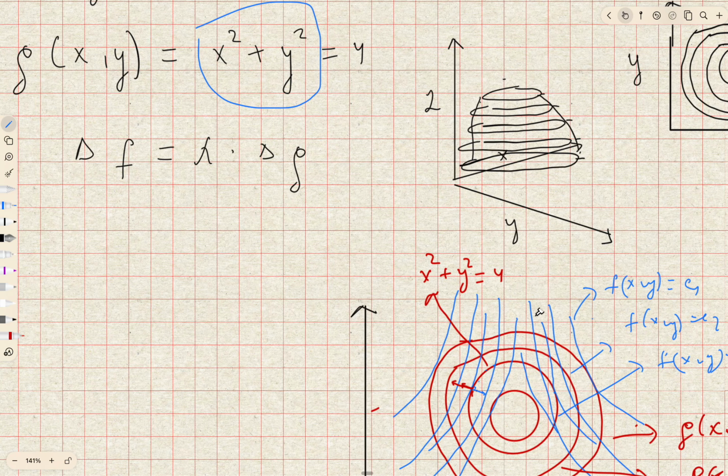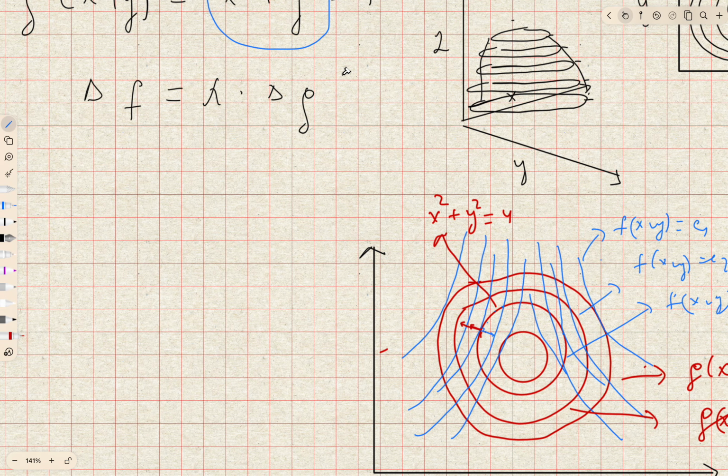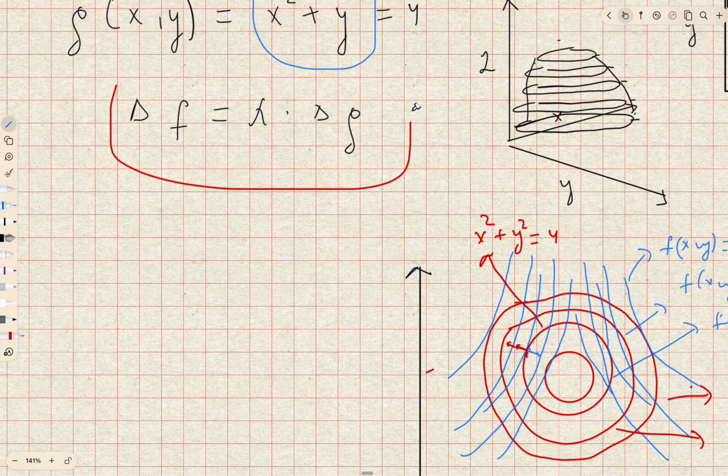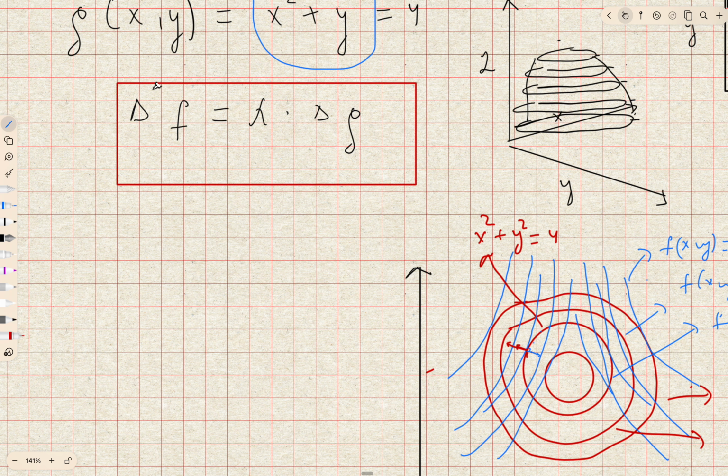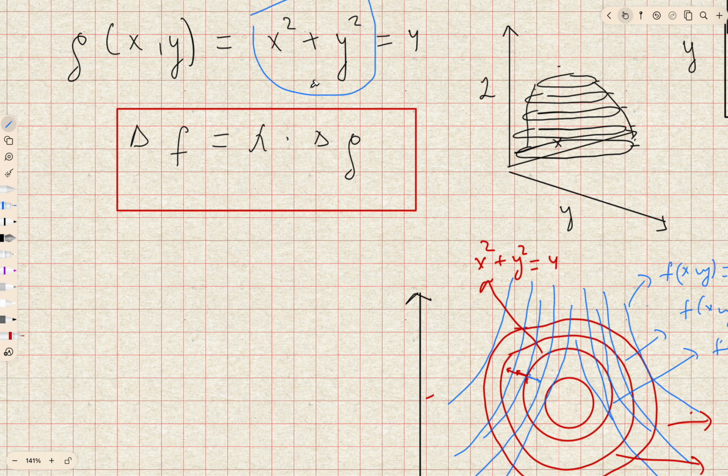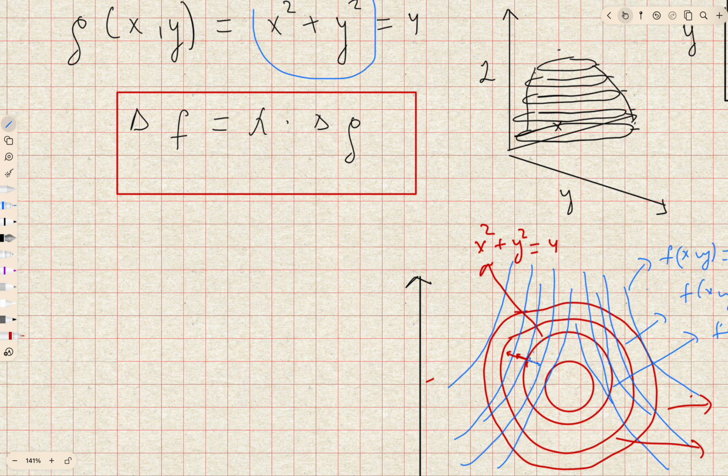And that was basically the intuition behind why the gradient of f at the optimal point is in the same direction as the gradient of g, the constraint surface. And after this step, we will try to write this in a way that is more compact and easier for computers to calculate.